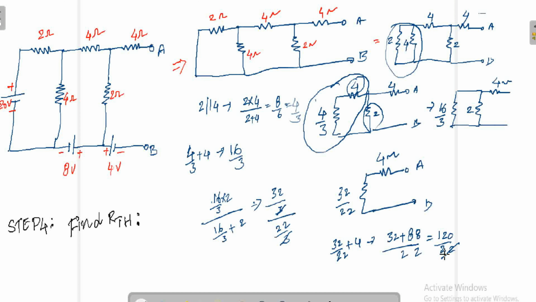So 120 by 22 becomes 60 by 11. So how much value did you get between A and B? We got a value of 60 by 11. We came to the end of this Thevenin's theorem problem. So RTH is equal to 60 by 11 ohms.